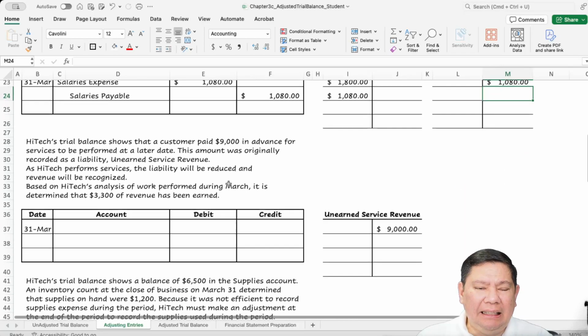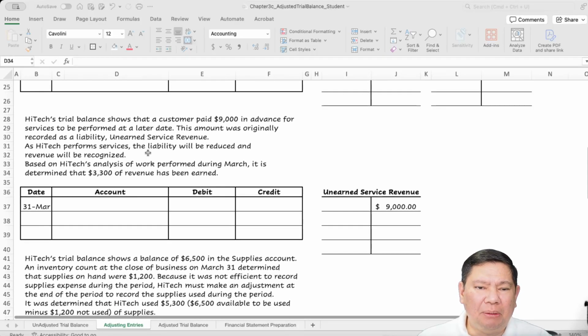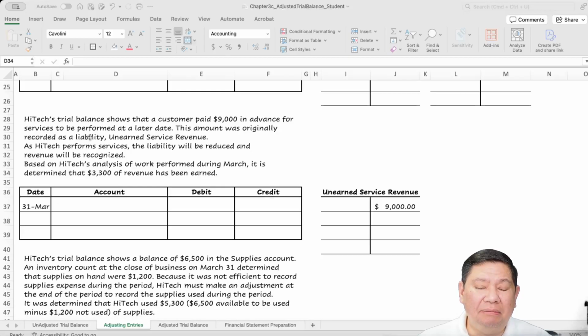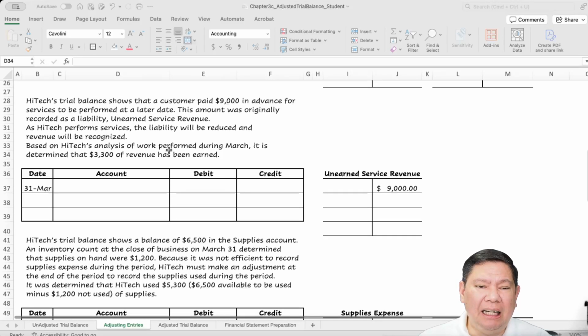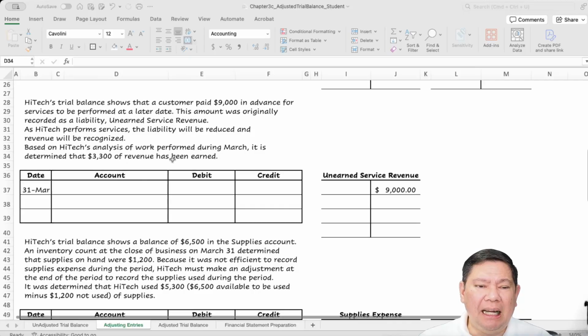And then the next adjustment, ITE's trial balance shows that the customer paid $9,000 in advance. That was our unearned revenue. As ITE performs services, the liability will be reduced and revenues will be recognized. Okay, based on their calculation, it is determined that 3,300 of the revenue has been earned.